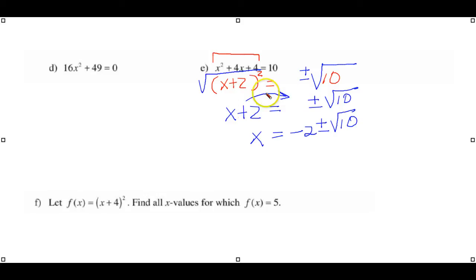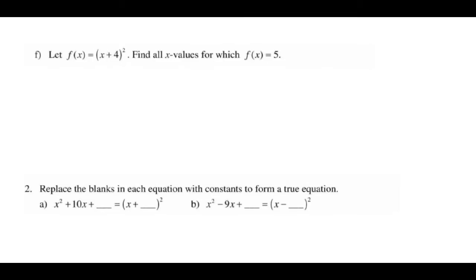So a new technique here which we'll build on. Now it's a little strange. They gave us that earlier one where we had to factor the left side to get this, because now in this example they're saying x plus 4, the quantity squared, equals 5.